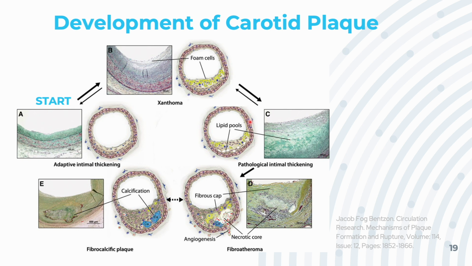In panel C, there's pathological intimal thickening because there's an accumulation of lipid pools within the intima. And then finally, there is fibroatheroma development, and this is characterized by the development of a necrotic core and a fibrous cap. And eventually, this may heal and become a calcified lesion.